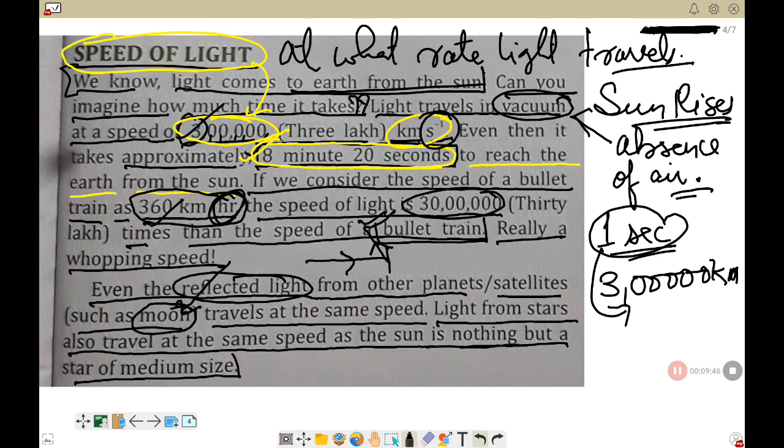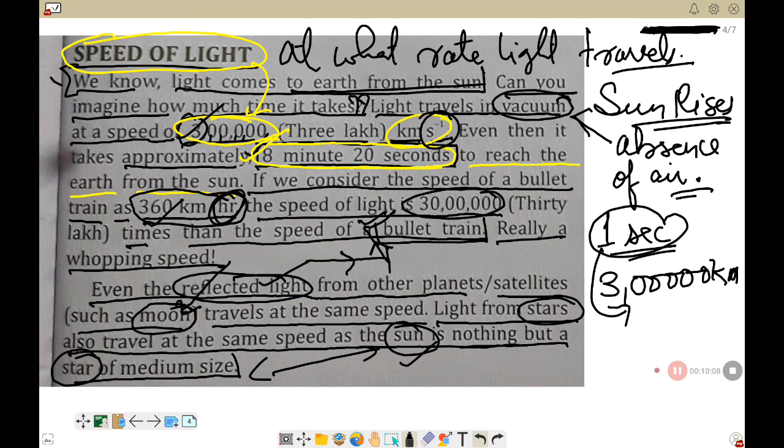So sun and stars, what are they? They are similar, the only difference is their size. Stars are a little smaller in size as compared to our sun. So that is why the light coming from the stars, even the reflected one, they all travel at the same speed.